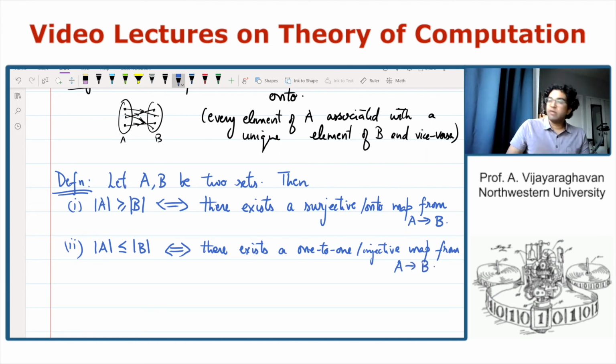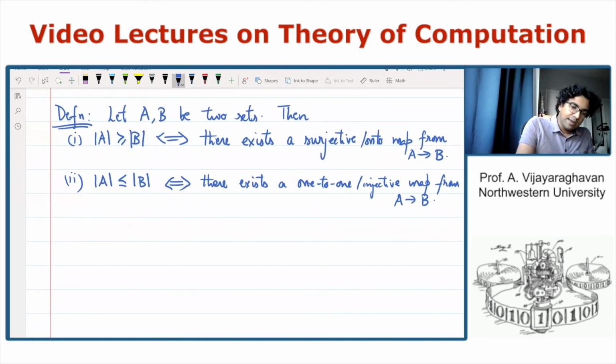Again, to show that the cardinality of A is less than or equal to the cardinality of B, you just need to exhibit one map and prove that it is 1-to-1, or injective. And finally, the cardinality of A is equal to the cardinality of B if and only if there exists a bijective map.